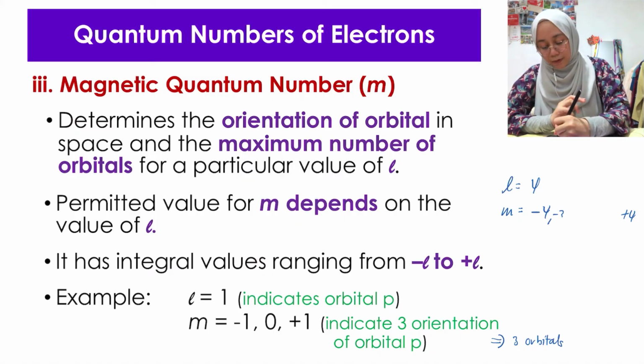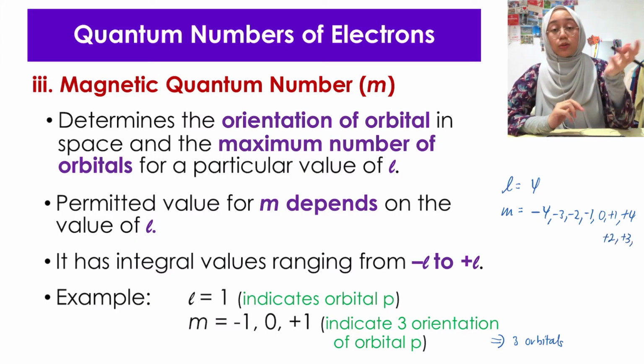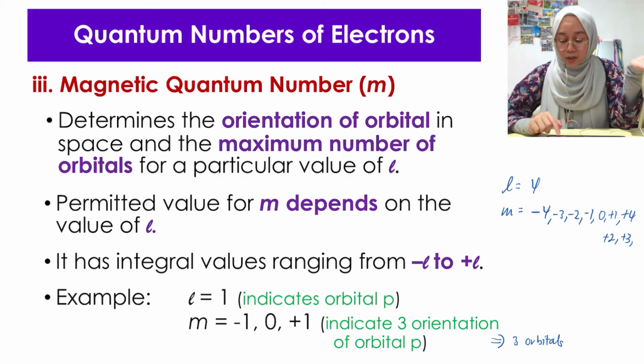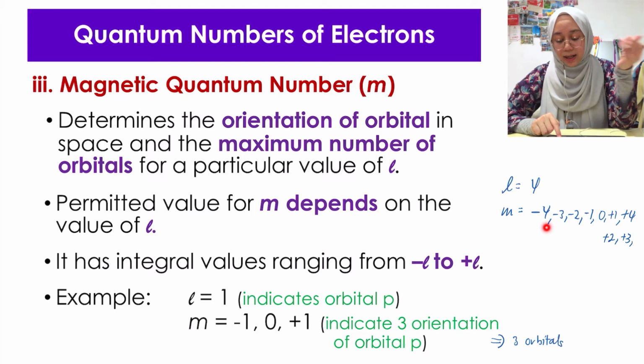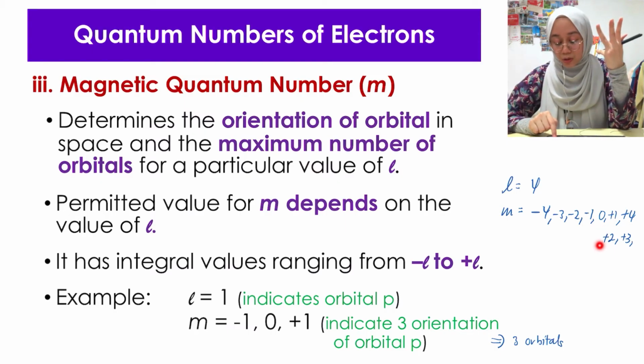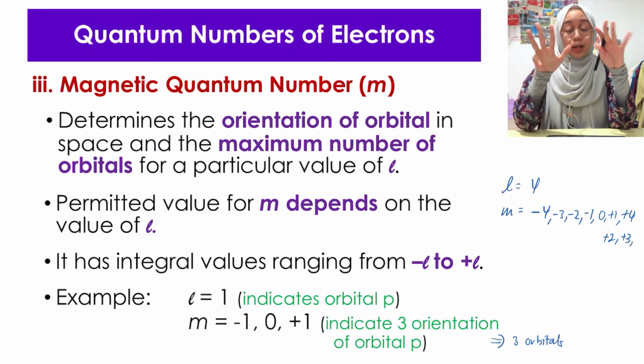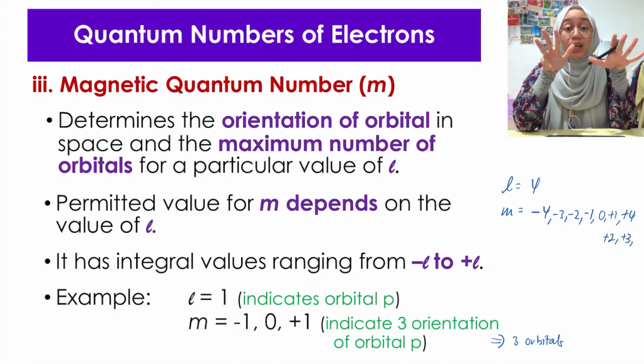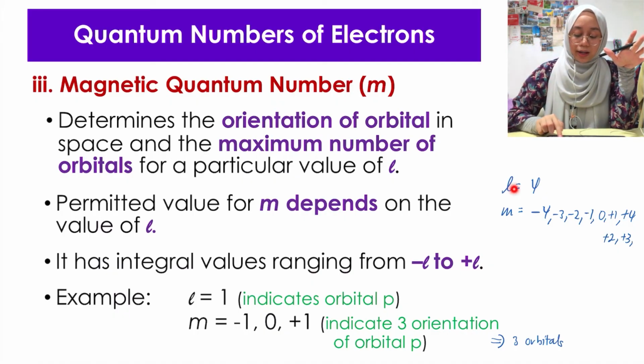So kita ada negative 3, negative 2, negative 1, 0, positive 1, positive 2 and positive 3 and also positive 4. Okay, so it shows that how many orientation yang kita ada ataupun how many orbitals yang kita ada. Kiralah ada berapa banyak value, negative 4 sampai positive 4. So kita ada 9 orbital ataupun 9 orientation if L dia adalah equals to 4.